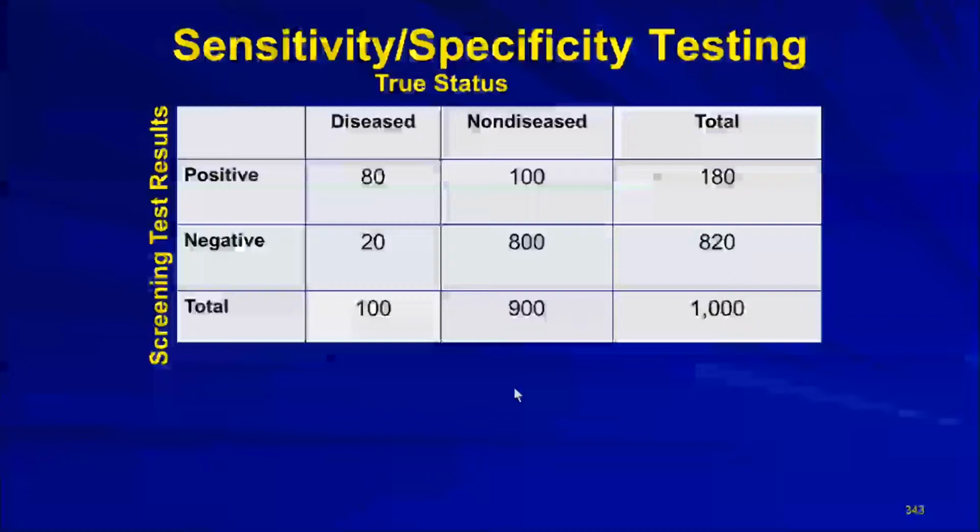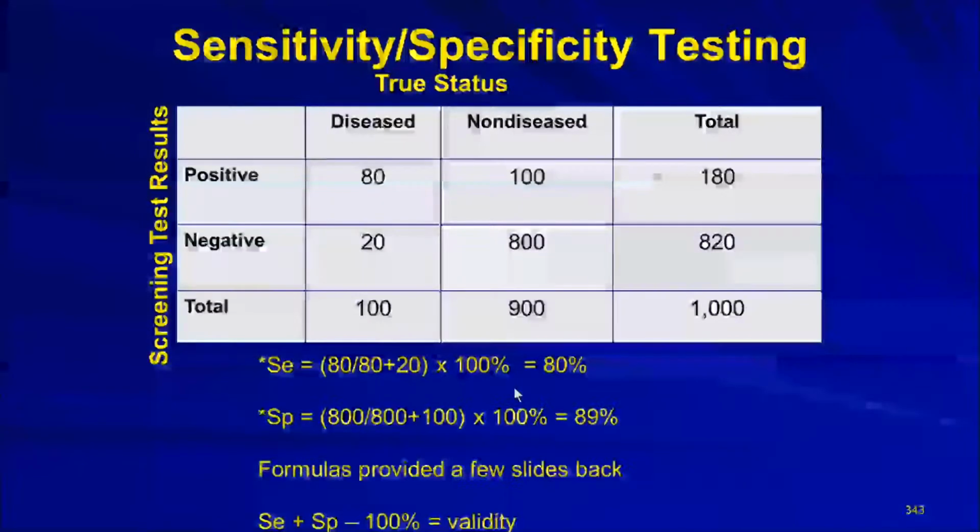Okay. Now, here's an opportunity for you to practice your skills and for you to see how all of this is abbreviated. What we're going to do is sensitivity and specificity. And you know that if we were going to do sensitivity, what I would ask you to do, even though we haven't done it here, I would ask you to write down the formulas and plug in the numbers and come up with the answer.